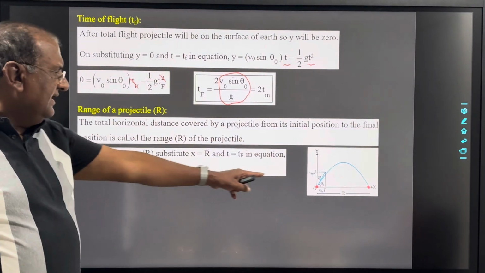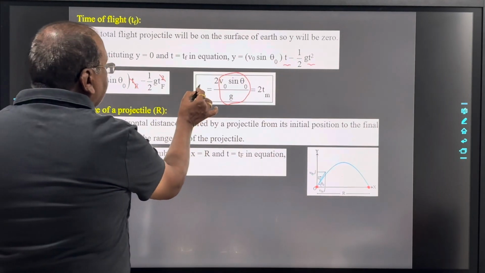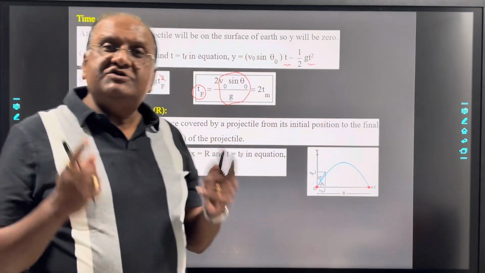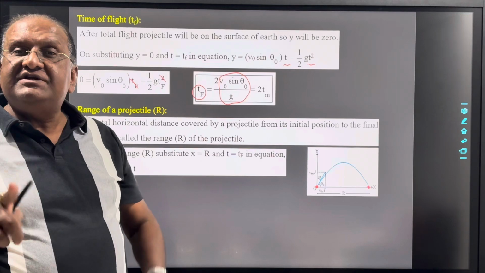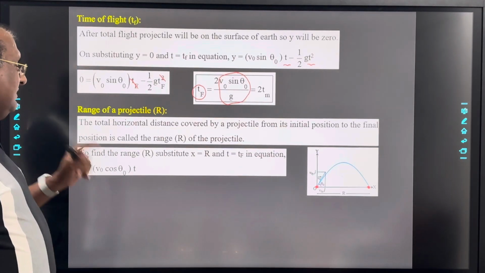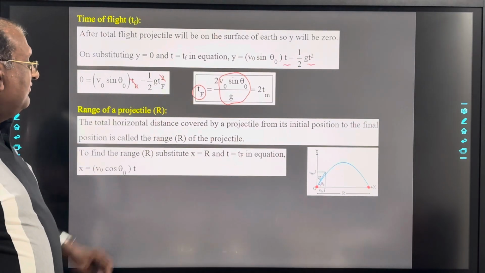See here, the maximum distance will be covered in the total time of flight, and the horizontal velocity is constant. Distance is velocity into time. So the maximum distance covered is in the total time of flight.